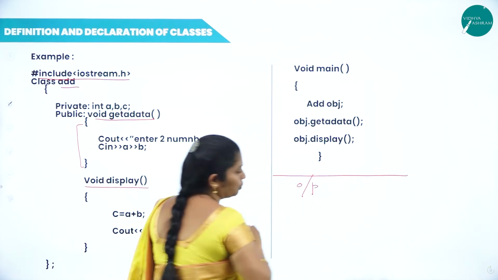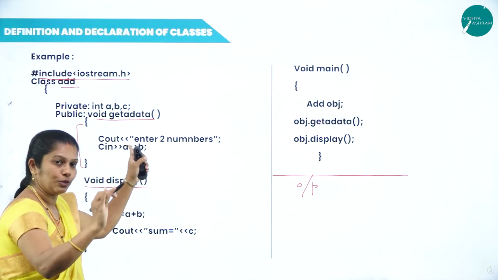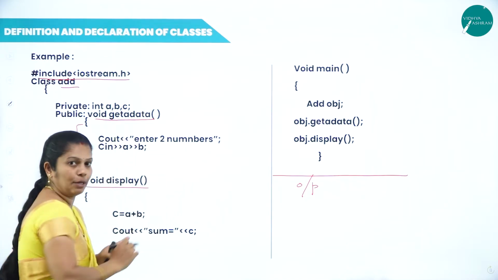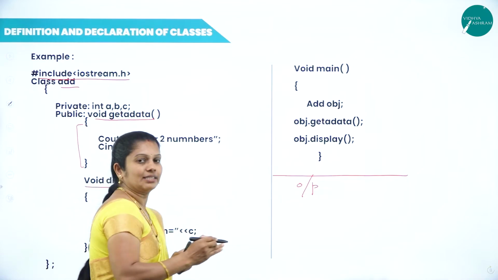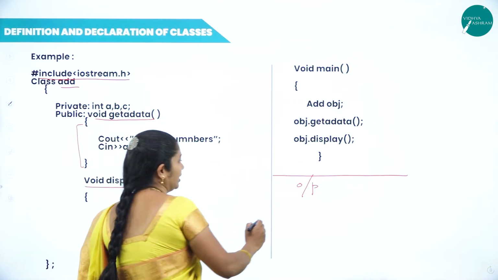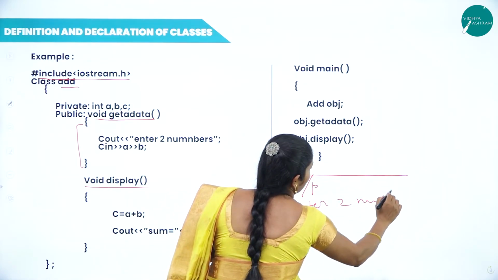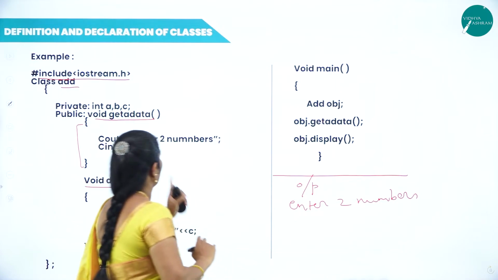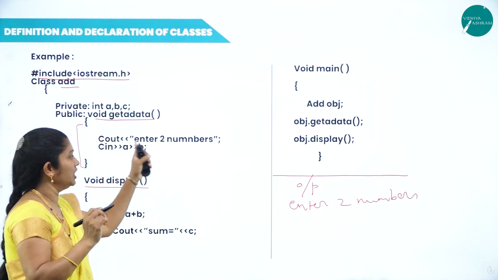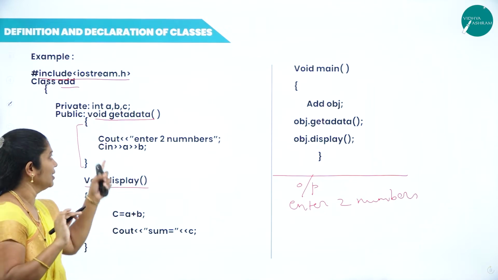Whatever you write in the double quotes, that will display as it is on the output screen. Here it will display: Enter two numbers.